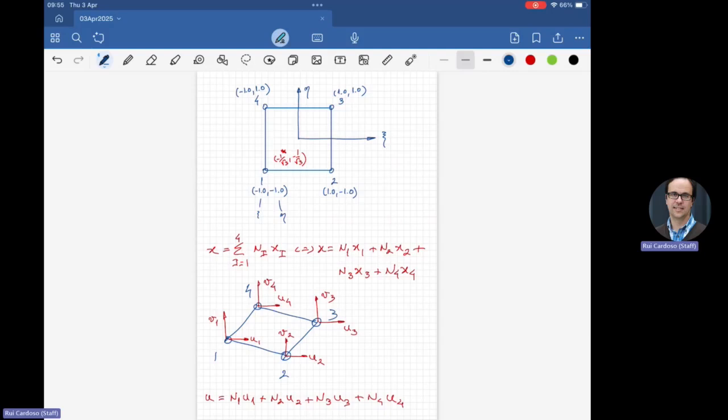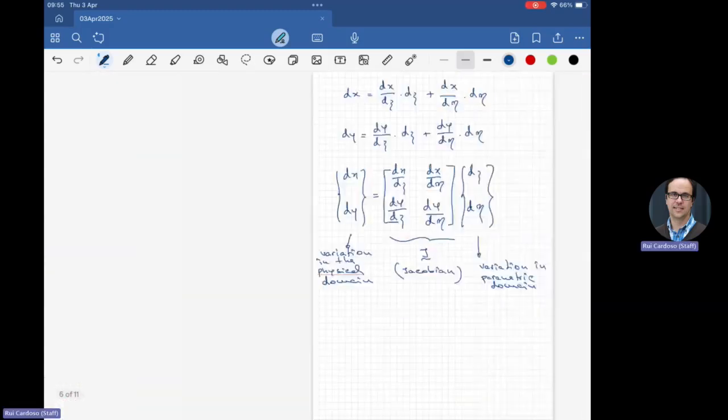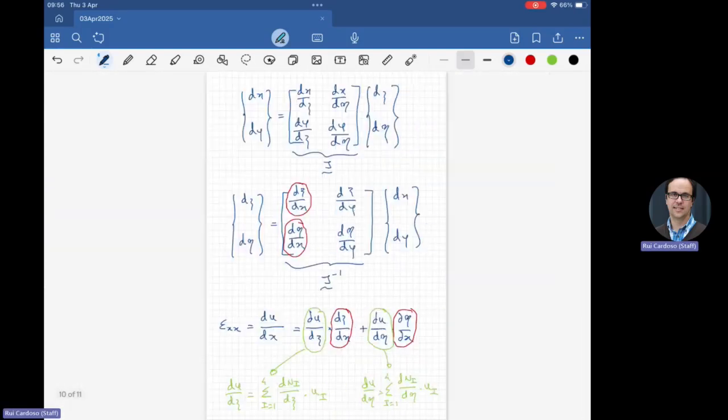So if you are going to do the integral in this physical domain, which corresponds to the element at the bottom, you will need to be coding that integral for 1 million or 10 million different elements. Can we do that? Of course not, right? So we need to do that integral in the parametric domain, for the figure above. Why? Because that parametric domain is always a perfect square from -1 to +1. So I just code it one time. That's the problem of this integral here.